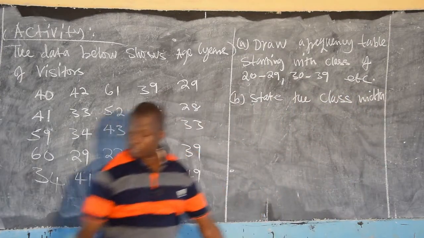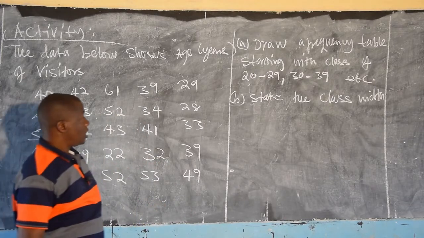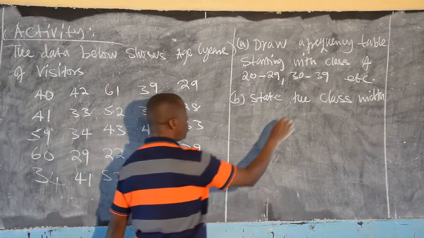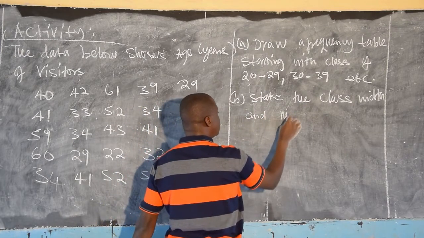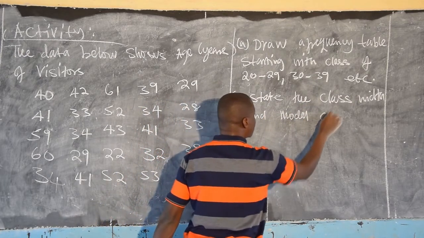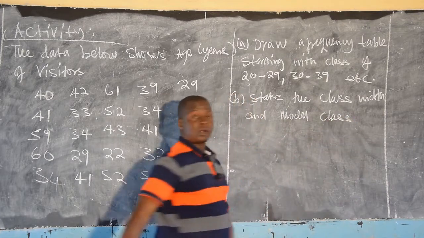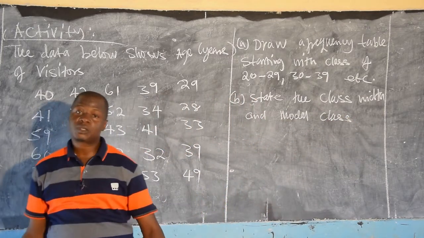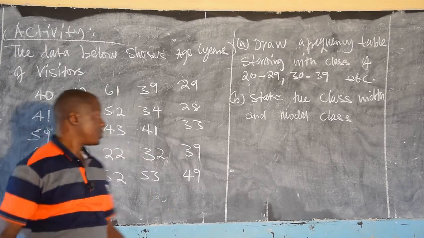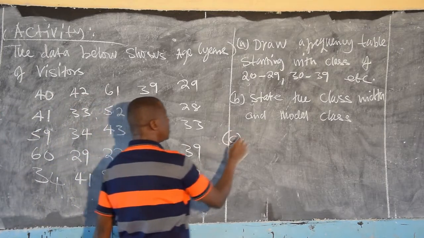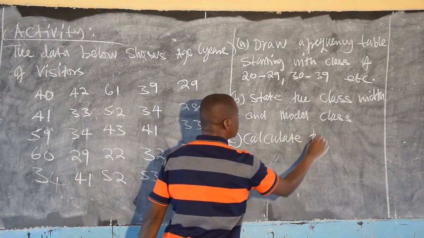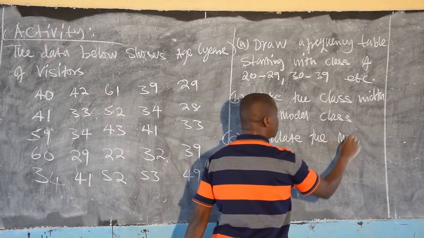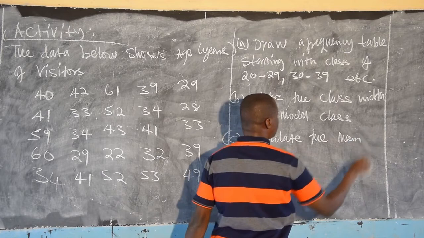State the class width, and that is Roman number 1. Okay, and modal class. Remember we said modal class is the class with the highest frequency. Part C, calculate the mean age.